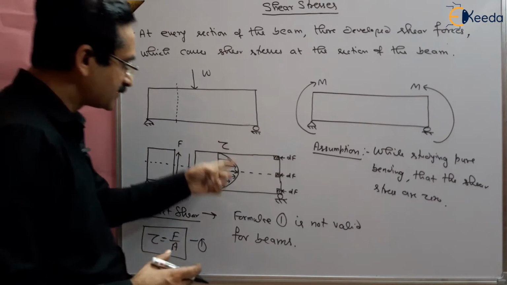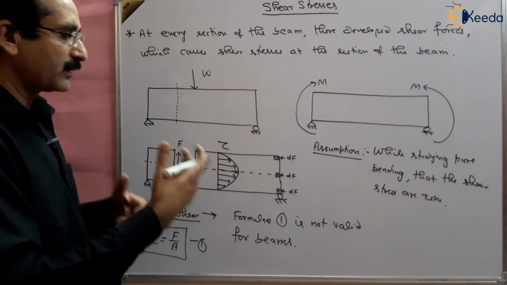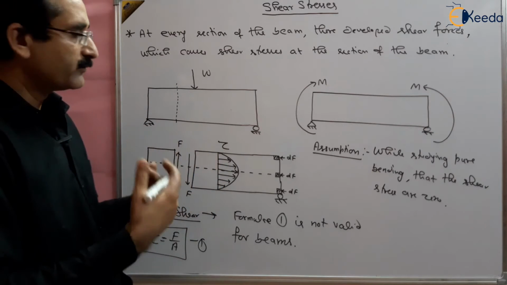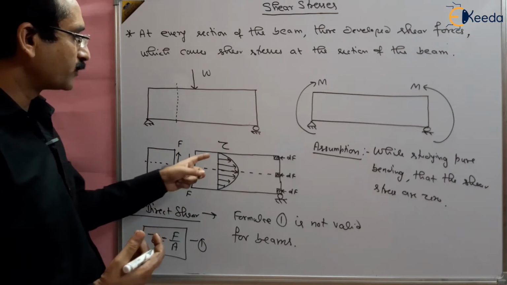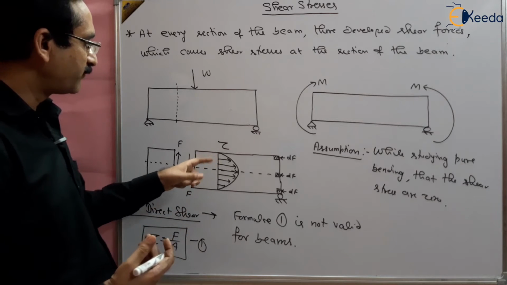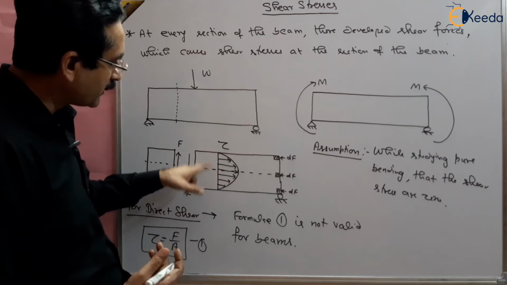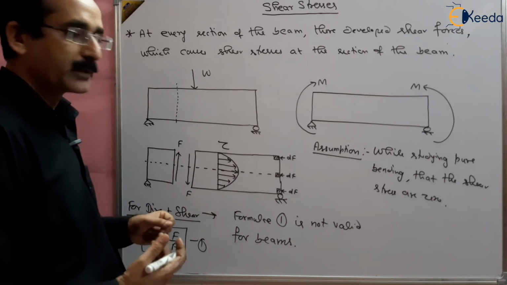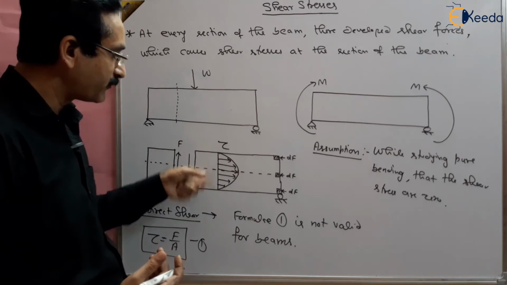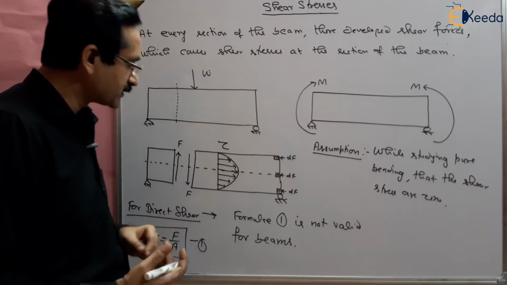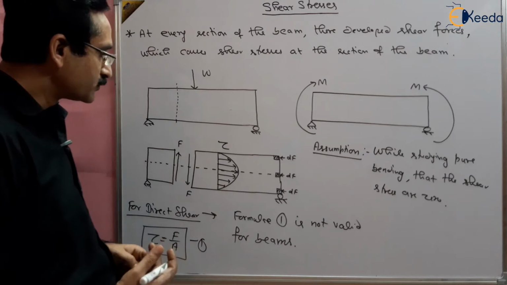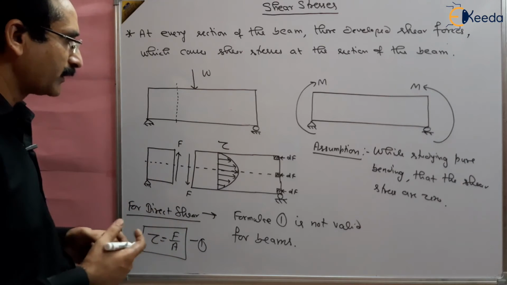So if this shear stress is varying, we have to derive some other way to find the shear stress at different points of the beam, at different fibers at a given cross section. We have to derive some formula for that.